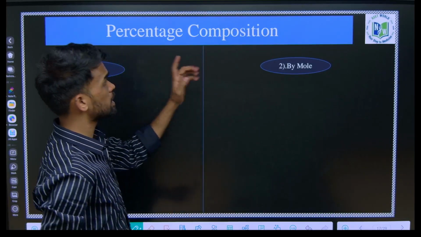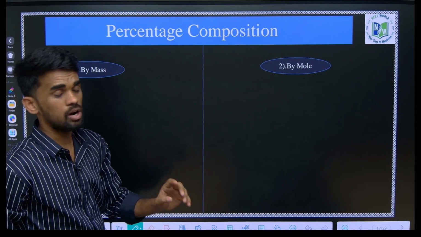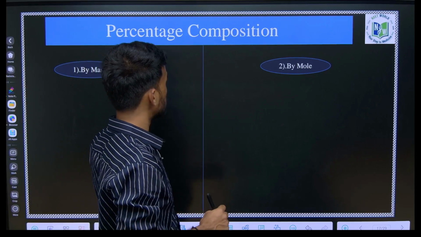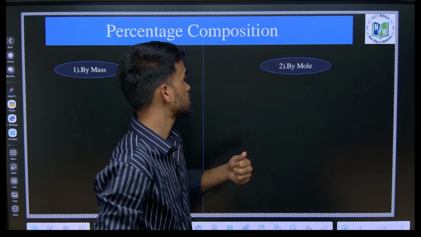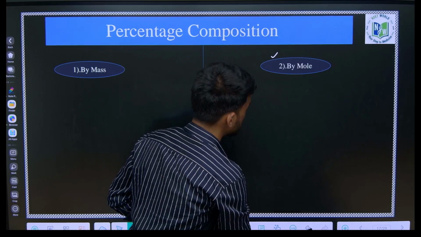Okay. Now percentage composition. Here, there are 2 ways to explain this. These are very important, and JEE Mains questions have previously been asked from this topic. I will explain with the same example.